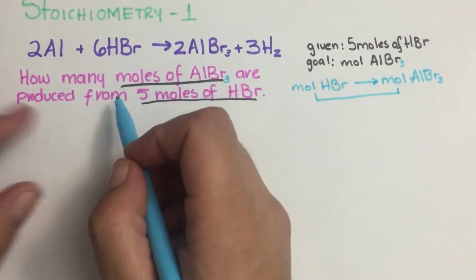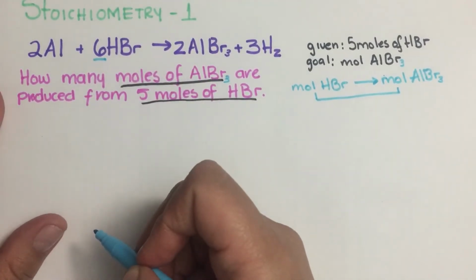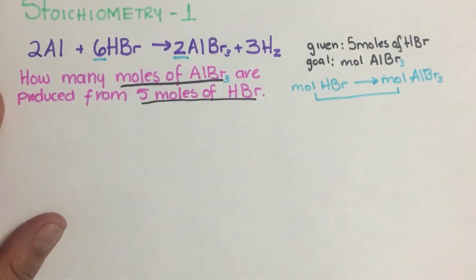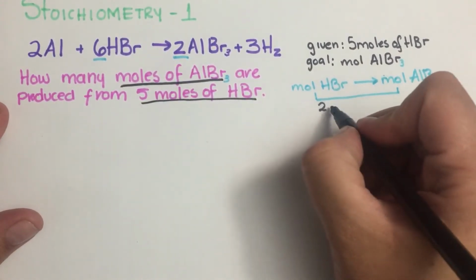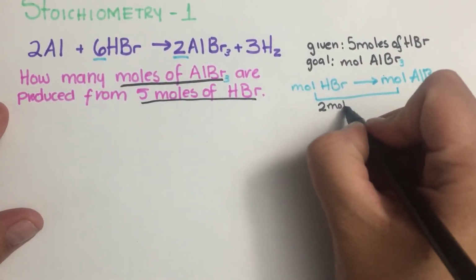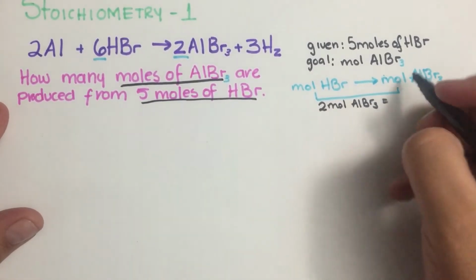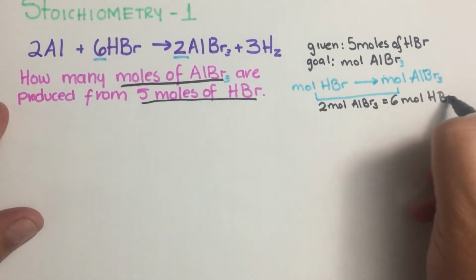Well, here in your equation, they tell you for 6 moles of hydrogen bromide, you will produce 2 of aluminum bromide. So your equality will be for every 2 moles of aluminum bromide, you will need 6 moles of hydrogen bromide.